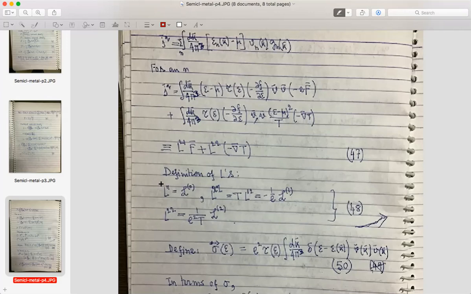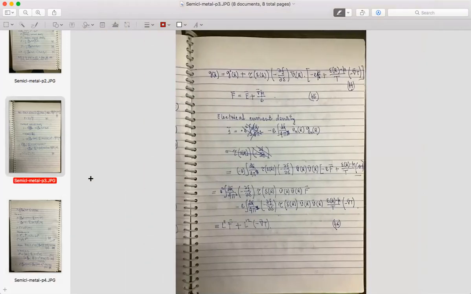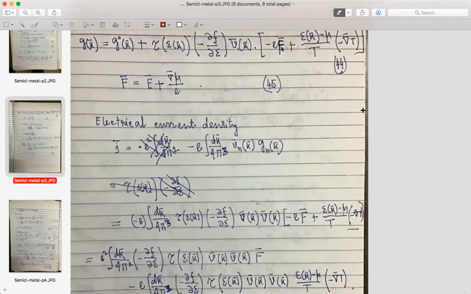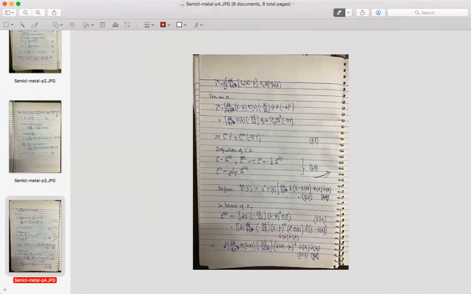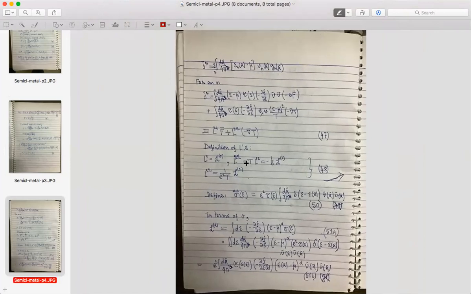So this L11, which was the integral along with this factor of E squared, integral over del F del epsilon tau and two factors of V, is defined as curly L0.